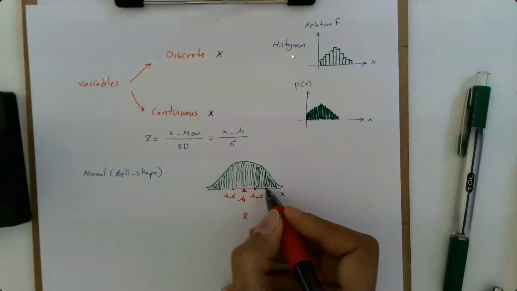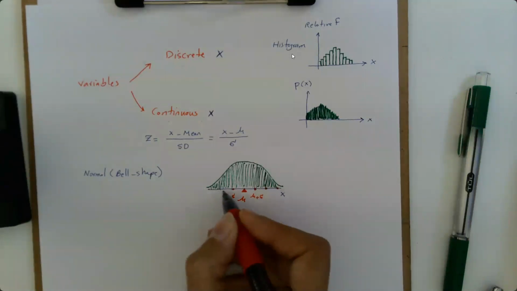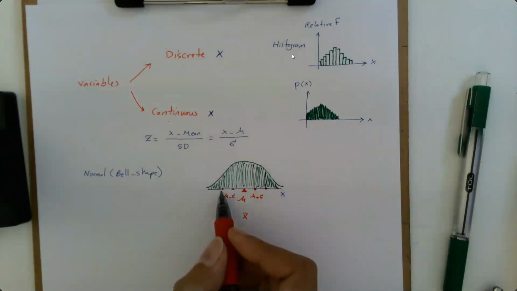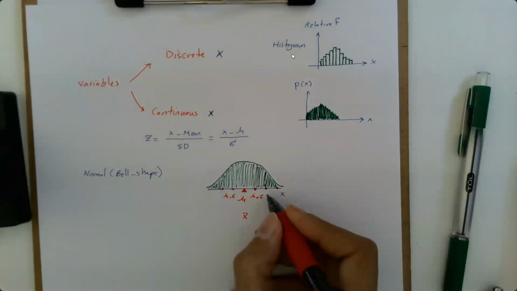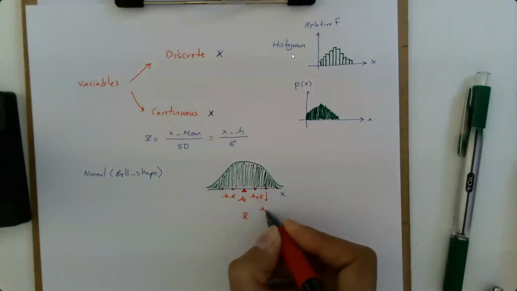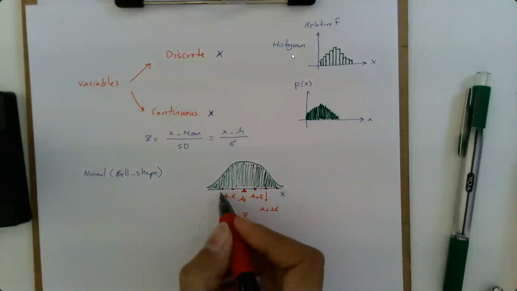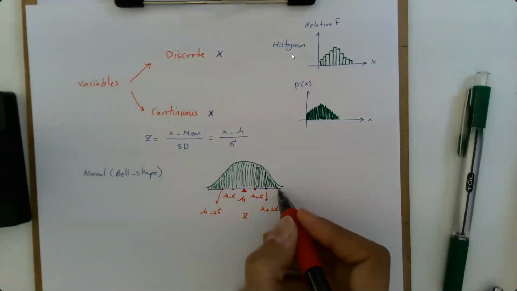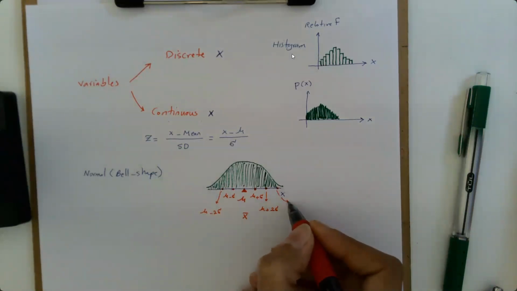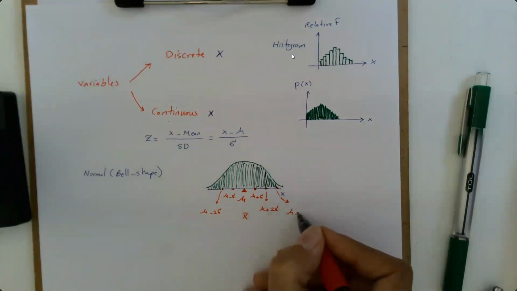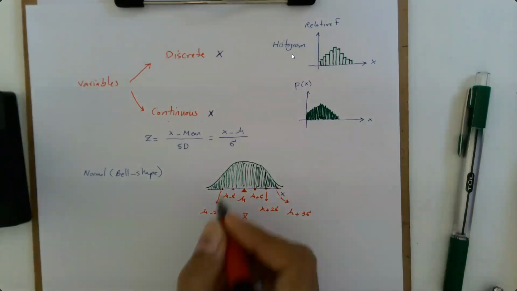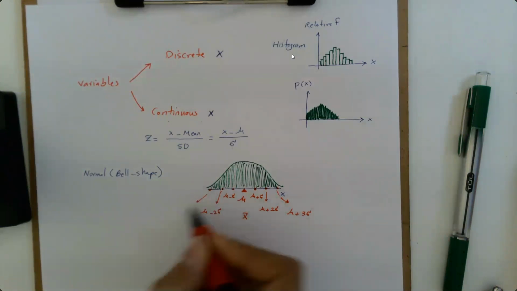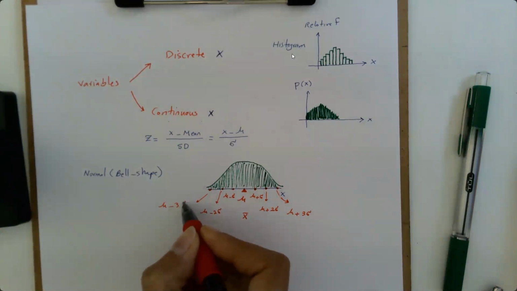Then we continue this process. Mu plus 2 standard deviation, mu minus 2 standard deviation. So this number here is mu plus 2 standard deviation. This number here is mu minus 2 standard deviation. And then here we have mu plus 3 standard deviation. And finally, on far left, we have mu minus 3 standard deviation.